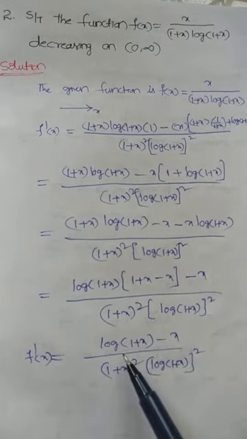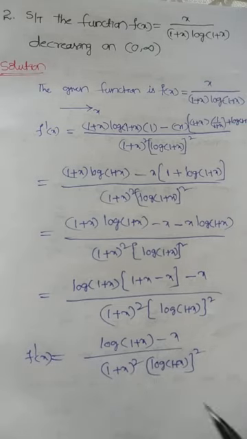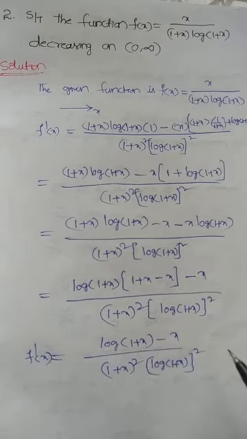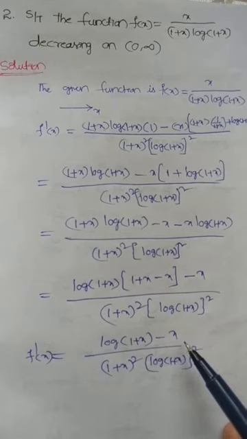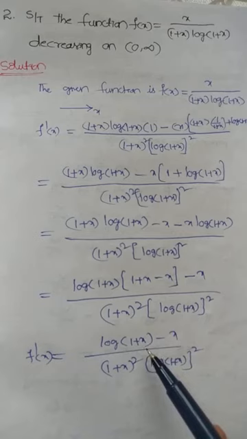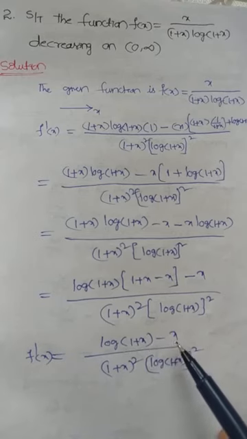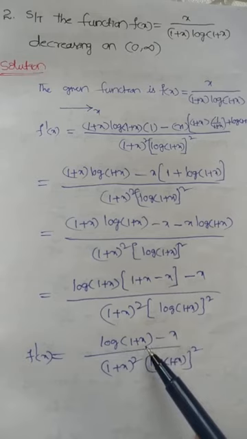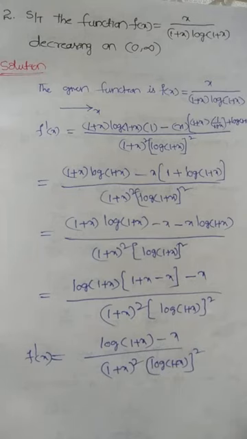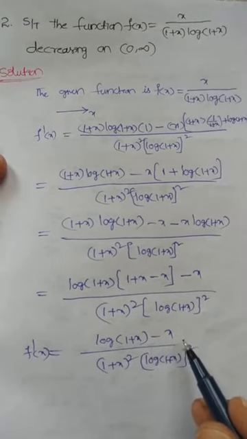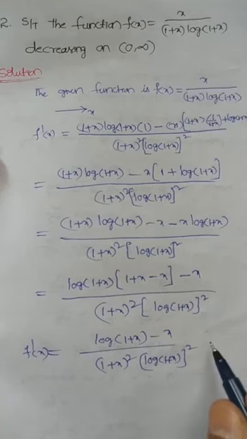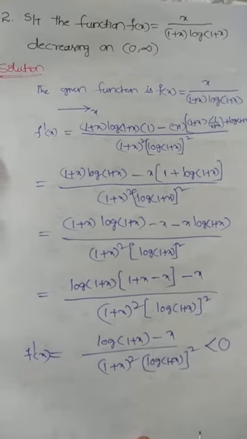Now in the numerator, for log of 1 plus x minus x, we have to observe whether it is less than 0 or greater than 0. It is always less than 0, because the value of log of 1 plus x is definitely less than the value of x. So the numerator is a negative value and the denominator is a positive value. Negative by positive is always negative, less than 0.